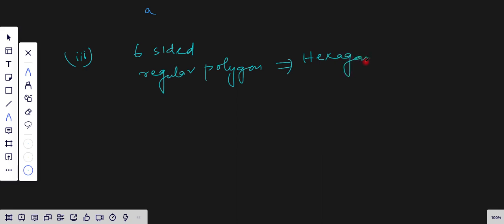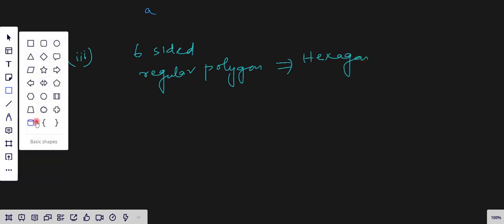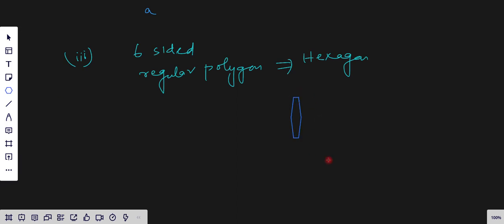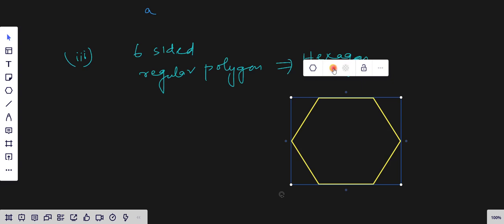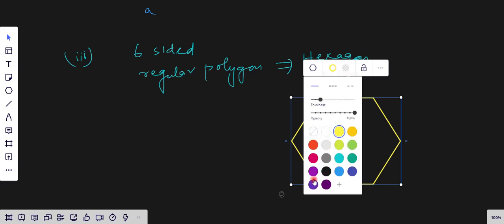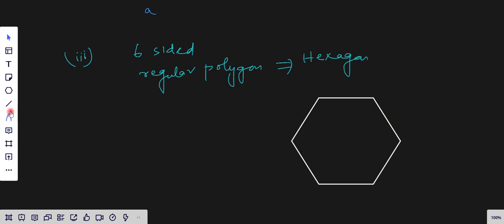So this is a hexagon, a regular hexagon. The reason I'm saying this is a regular hexagon, I'll show it with a different color. Let's say I'll take white color.